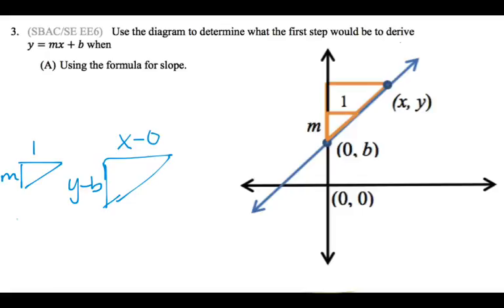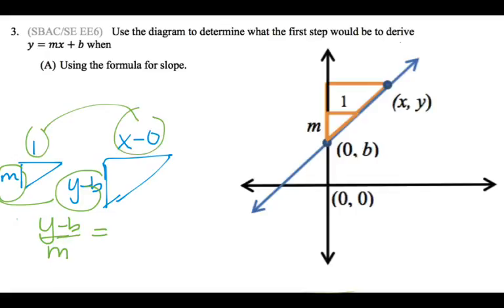I could coordinate these two sides into a fraction. So y minus b over m would equal these two sides. Now, if I started with my triangle on the right-hand side, I have to stick with the triangle on the right-hand side.